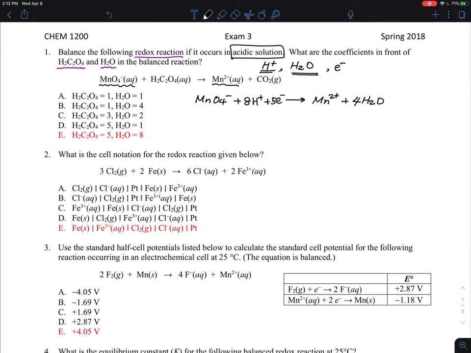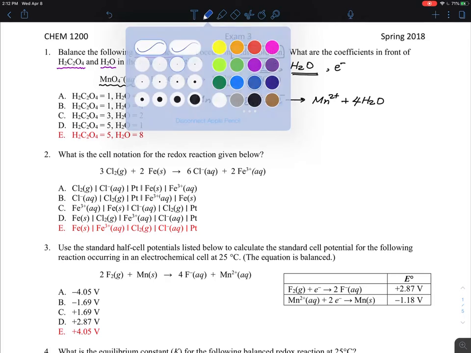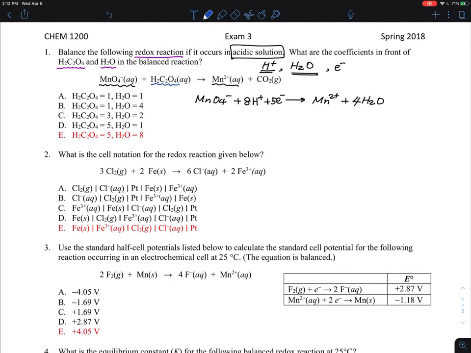Okay, and the second one that I'm going to write is H2C2O4, and we are seeing the CO2 here. Let's look at that. First, I need to balance the carbon, so 2 carbons, so I need to write 2 here, which makes 4 oxygens on the right hand side and 4 oxygens on the left hand side.